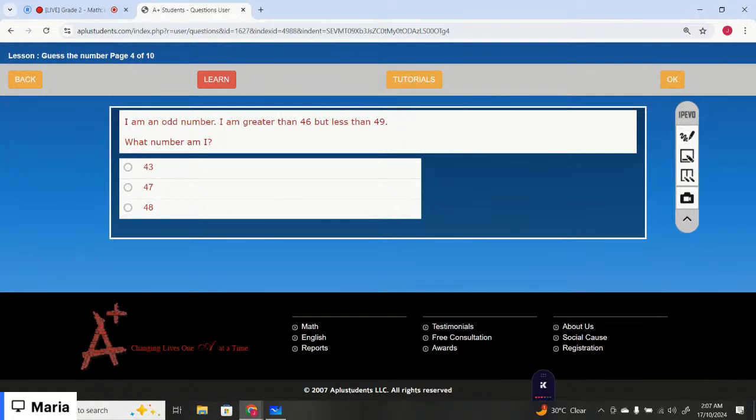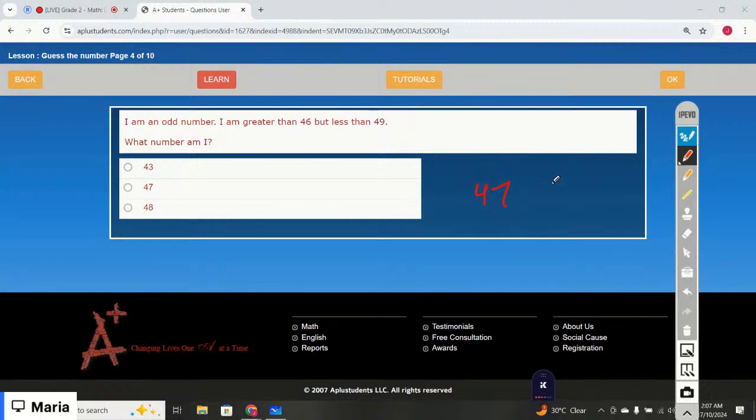So the odd number between 46 and 49 is, between 46 and 49 you have 47 and 48.